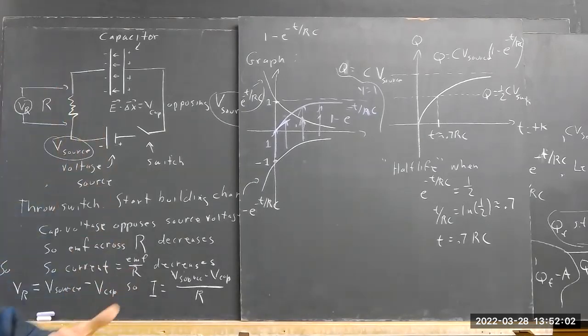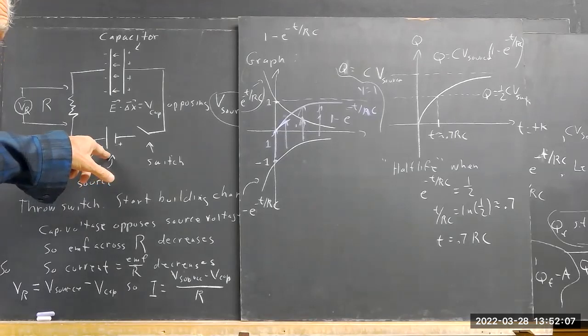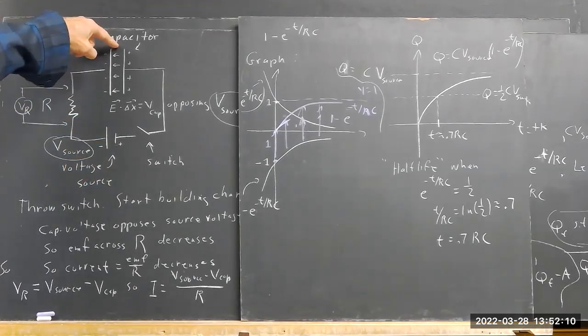If you were discharging the capacitor, say you didn't have a source there, you would start with charge Q in the capacitor.